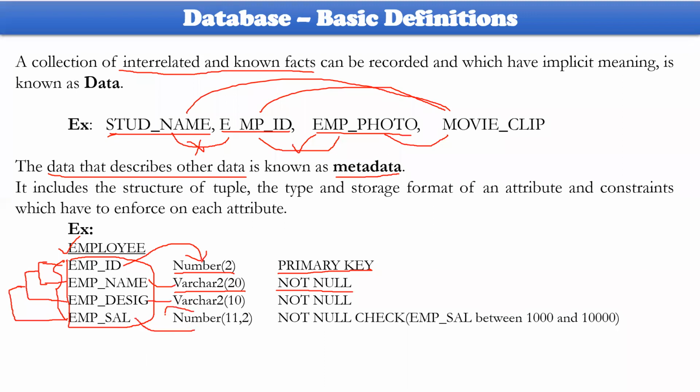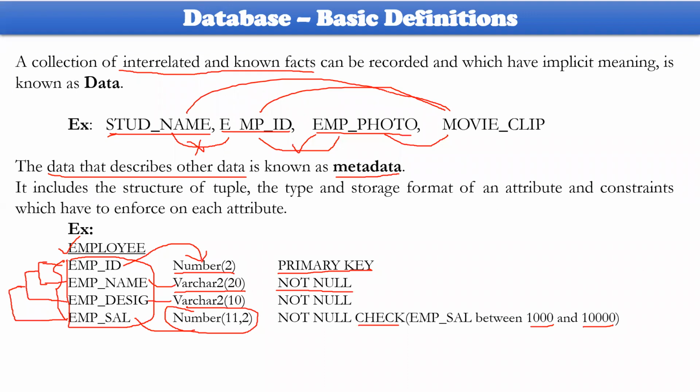And this number could have extra features, so it must be checked that the employee salary is between, in my organization, a minimum salary of 1,000 and a maximum salary of 10,000. So while I'm entering this particular column's data, or this particular attribute's data, it must be in between only these two. If I enter 999, it may not be accepted. And if I enter 10,001 rupees, it could not be accepted.